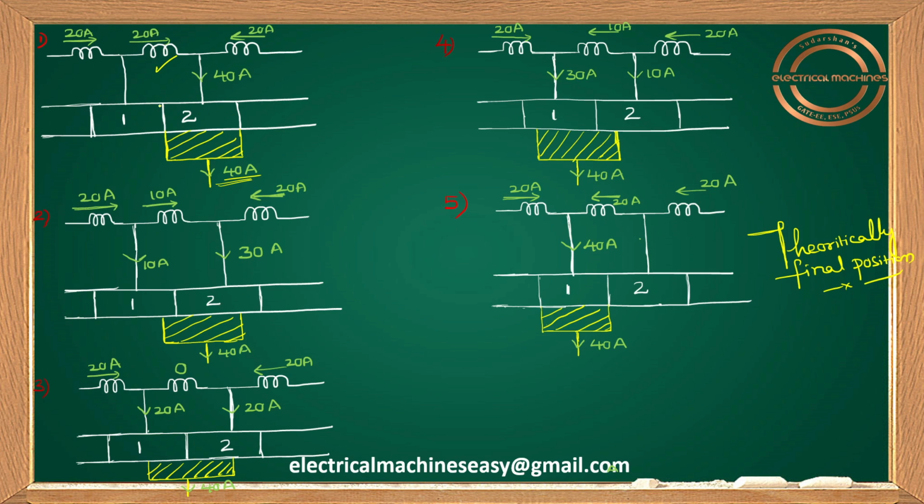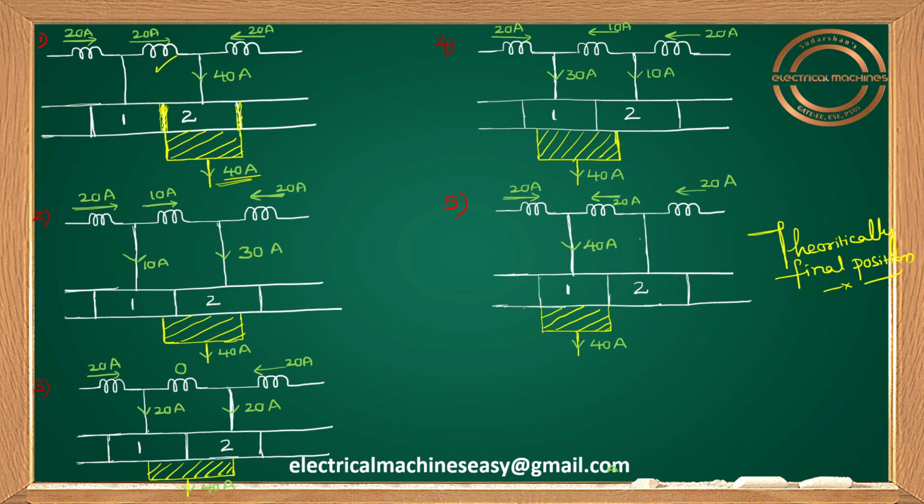Between these two segments we provide some mica insulation. Suppose the EMF induced exceeds the rated value. What will happen? The insulation between these two segments will break down. Is it okay for you?